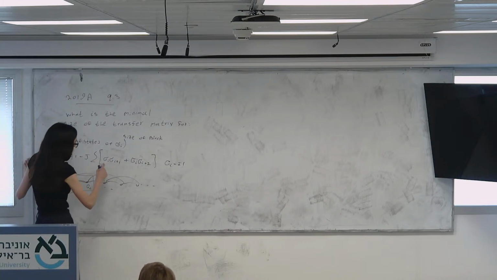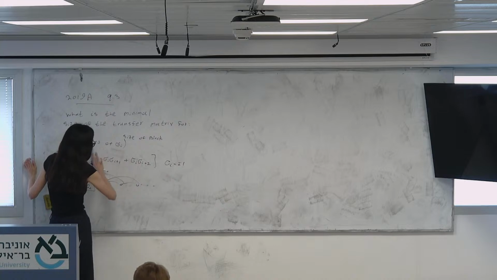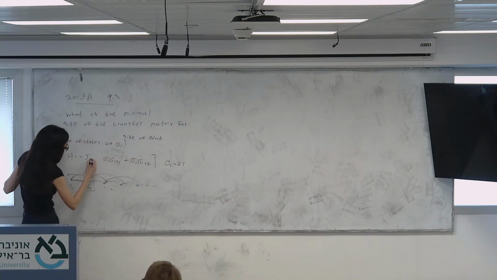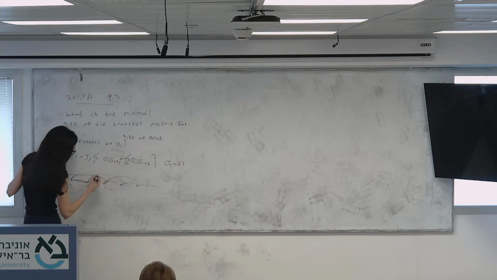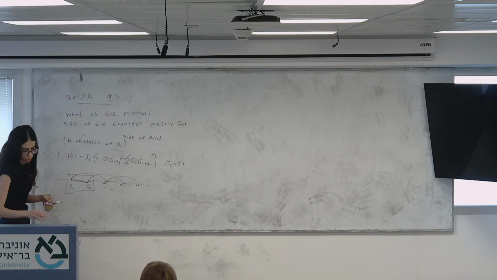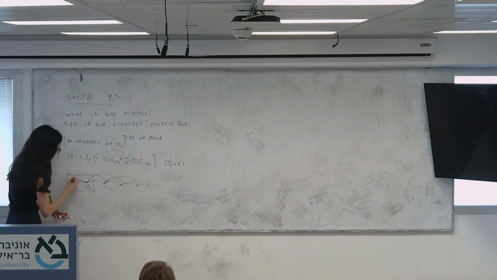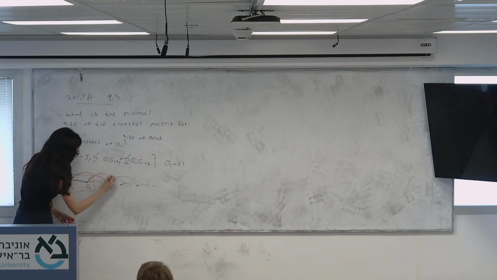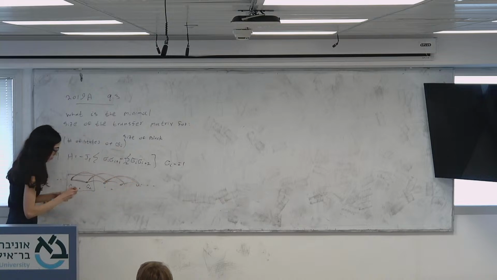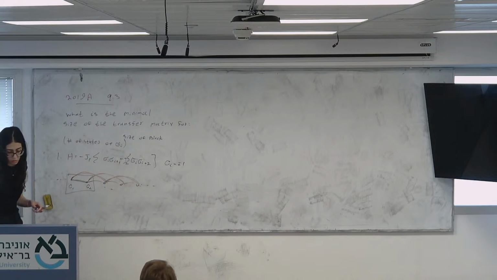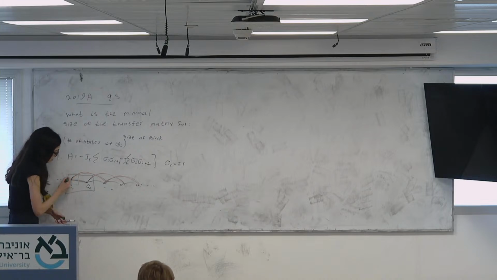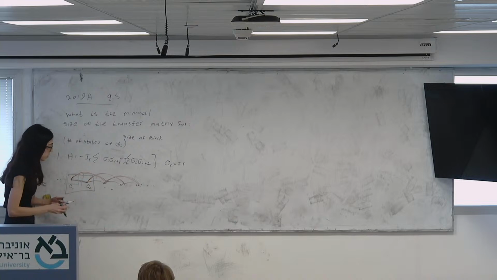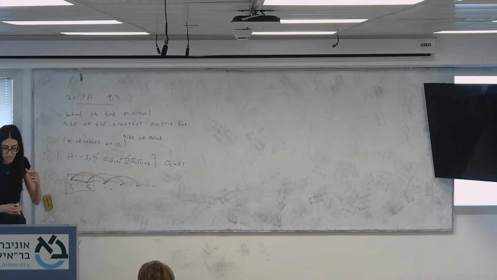So if it was a different interaction, a different coupling constant, that would be J1, and that would be J2. So let's do J2 in red. If I chose a block that only has one spin, okay, we have too many lines on top of the other, so it's a bit hard to see that.